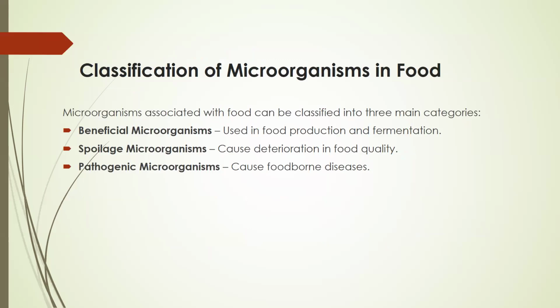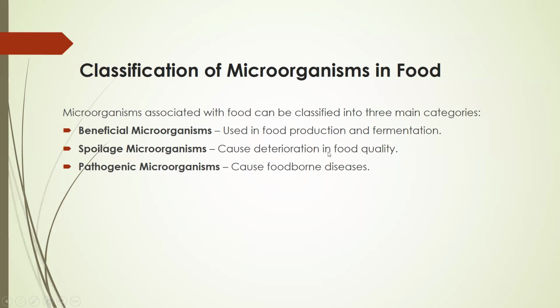So microorganisms in food can be classified into 3. You have beneficial microorganisms, those organisms that are used in food production and fermentation. You have spoilage microorganisms, those that cause deterioration in food quality.